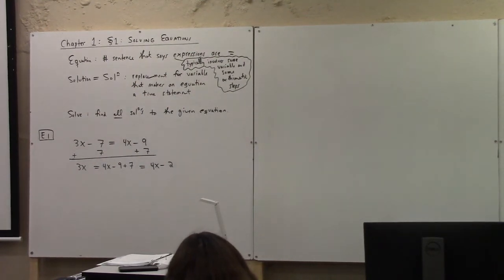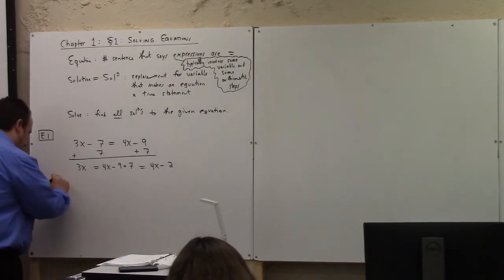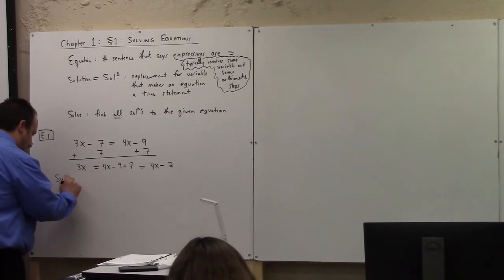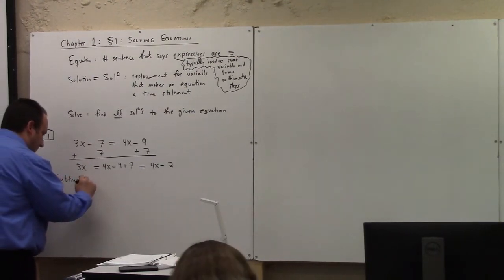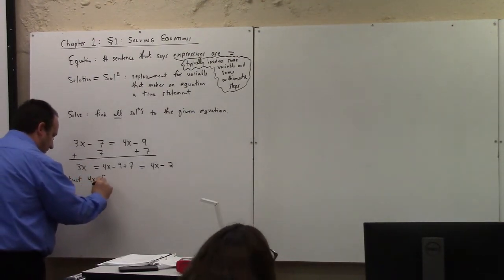Now what do we want to do? Move the 4x over? Okay, we could do that. So I'm going to write out in words: subtract 4x from both sides.